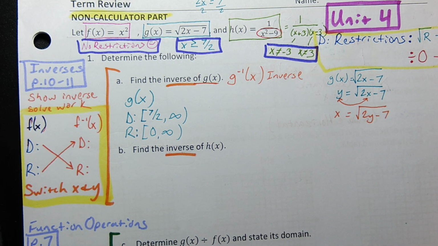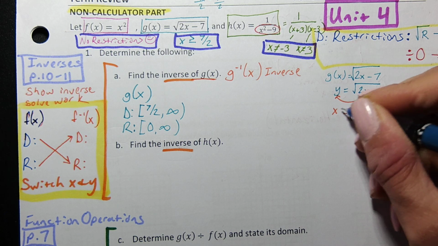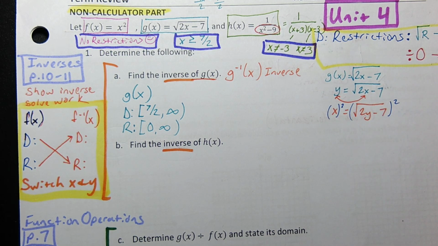Folks, at this point we are looking at the inverse, but do we want to leave it as an x equals equation? No, we want to write it as a y equals equation because that would be something that we could graph. So how am I going to break that y out of that square root? Square both sides. Not quite as fun to say as square root, but that's what we need to do to get rid of that square root.